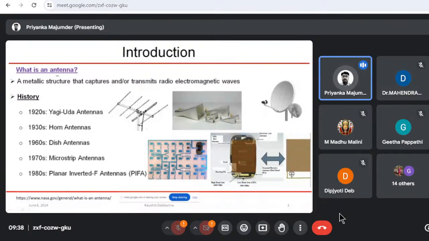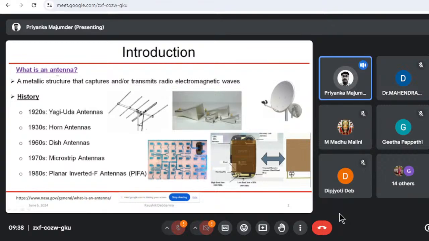So for development of that, planar inverted F antennas are very important because they could be used in printed form and they could be smaller. Since the communicating structure is small, our device could be small.